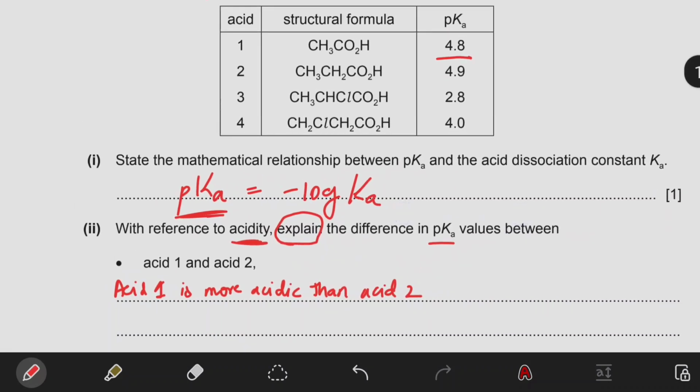Because acid 1 has fewer alkyl groups and acid 2 has more alkyl groups, and alkyl groups are electron donating groups, and if they're in large number they are going to make the OH bond stronger, due to which the H plus won't be available as much and the acid would be weaker, because H plus contributes to the acidity, right?